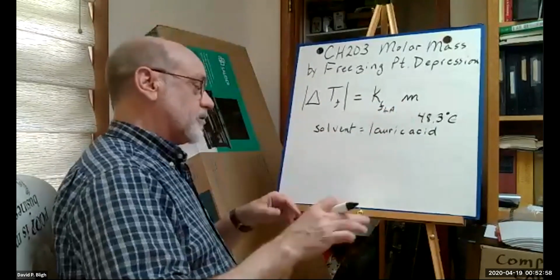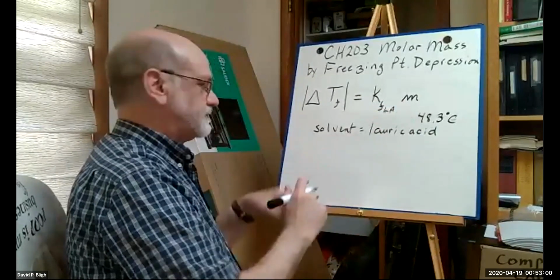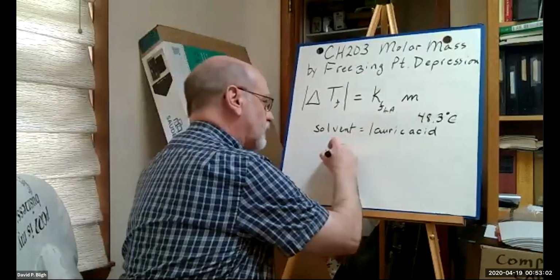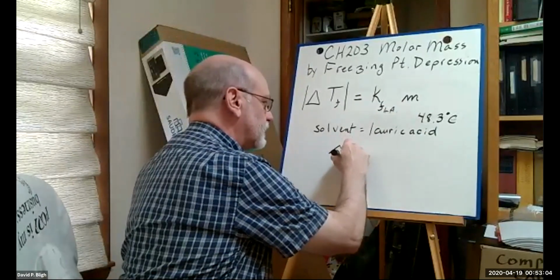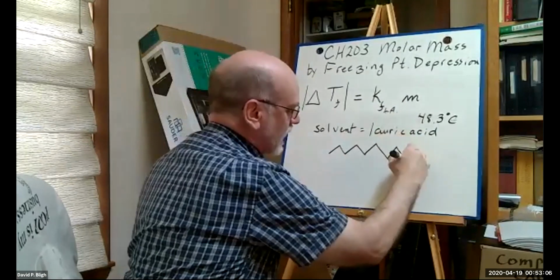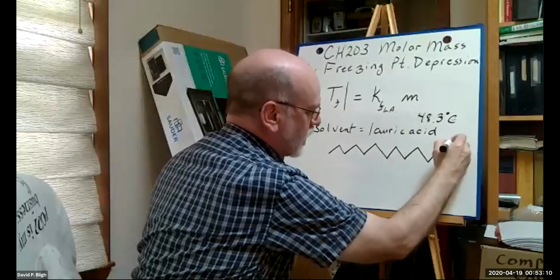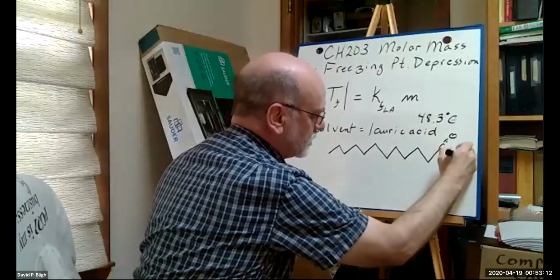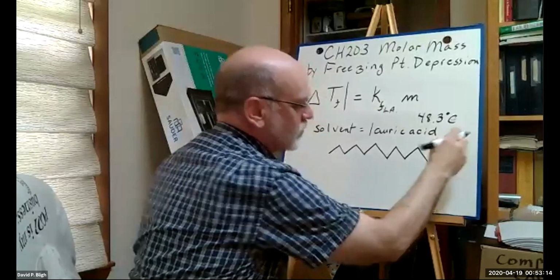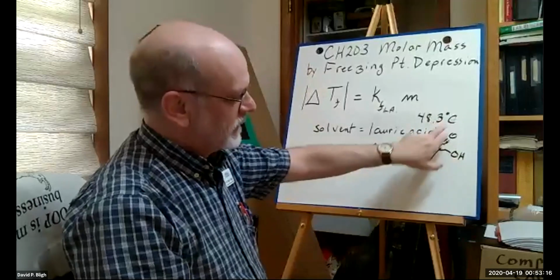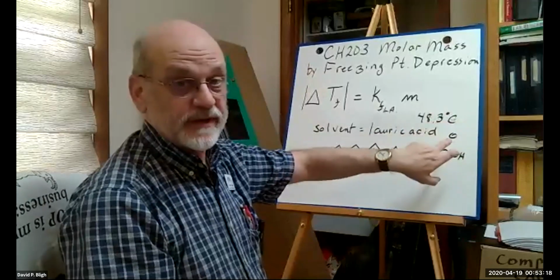Lauric acid, so it's a fatty acid. It has 12 carbons: 2, 3, 4, 5, 6, 7, 8, 9, 10, 11, 12. And this last carbon has a double bonded O and an OH on it. That group right there is a carboxylic acid.